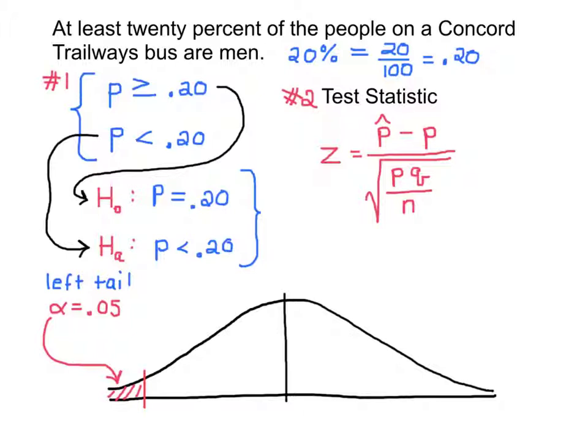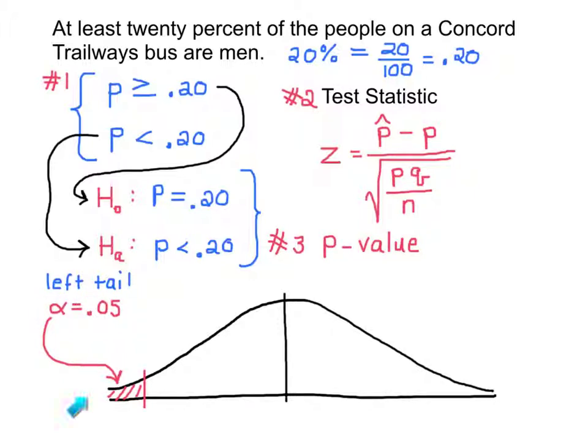So now our third step, in order to find out where the z-score falls, is to find our p-value. The p-value is the area under the curve from the left to wherever the z-score falls if it's a left-tail test.